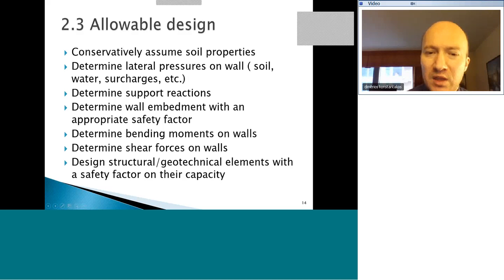We determine the wall embedment with an appropriate safety factor. We determine the bending moments on the walls and the shear forces as well. And then we design the structural and geotechnical elements with the safety factor and their ultimate capacity. In some cases, like allowable stress steel design, the safety factor is already incorporated in the allowable stress code.